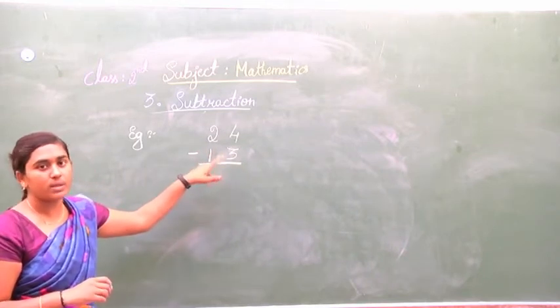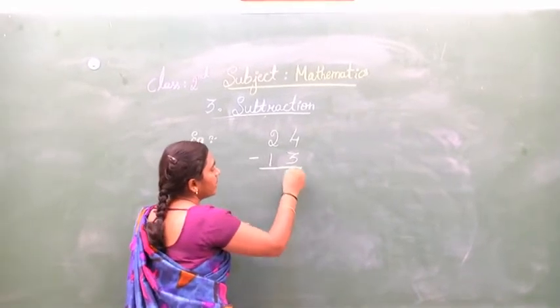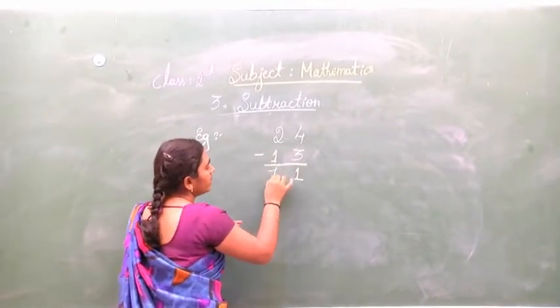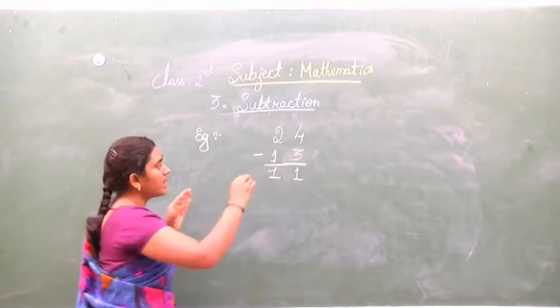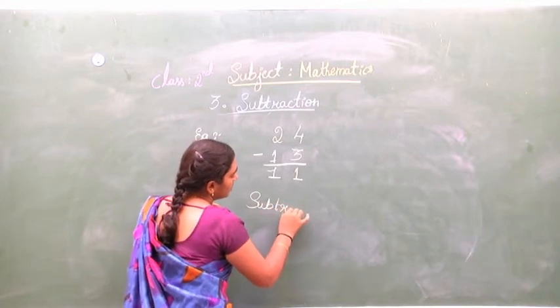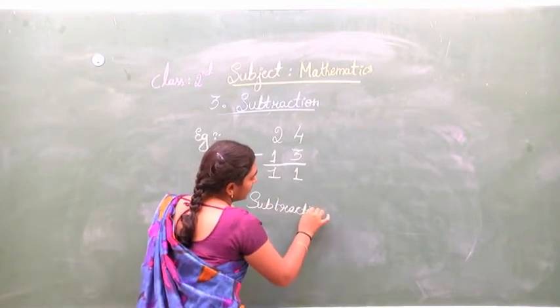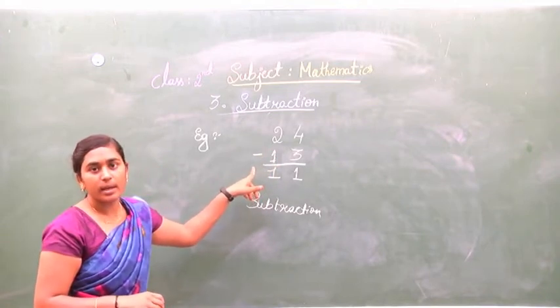We need to subtract the ones place first. 4 minus 3 is 1. 2 minus 1 is 1. The answer is 11, right? This is a subtraction. We have done a subtraction here: 24 minus 13 is 11.